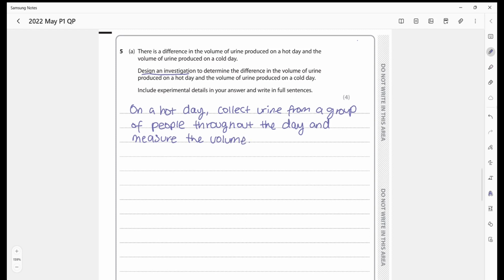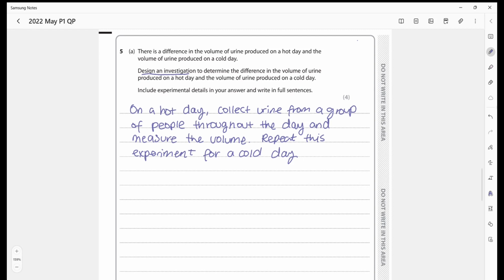Okay, and then you would repeat this experiment for a cold day. Now, in the marking scheme, it doesn't say anything about doing repeats or reliability.